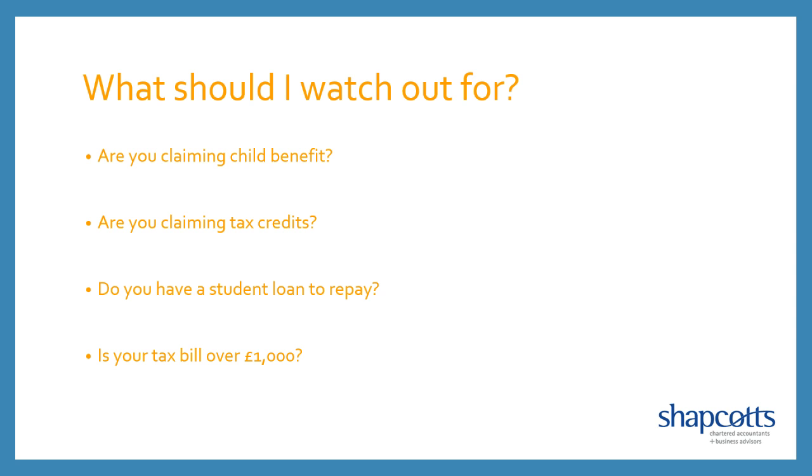If you want to try and keep your child benefit, you need to keep your income under 50,000 each in a couple or by yourself as a single parent. If not, then you'll start to lose it and you may have to pay some back.